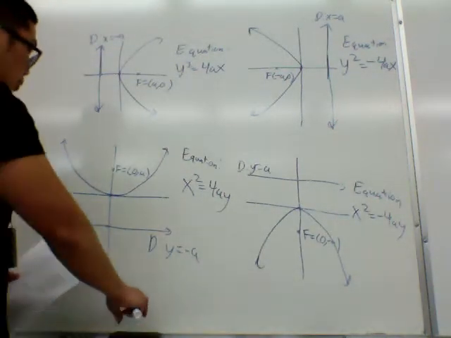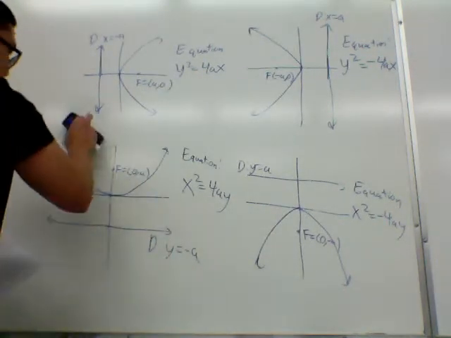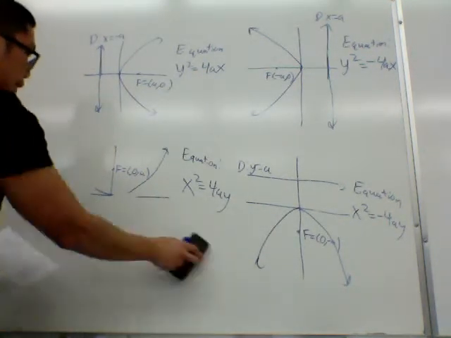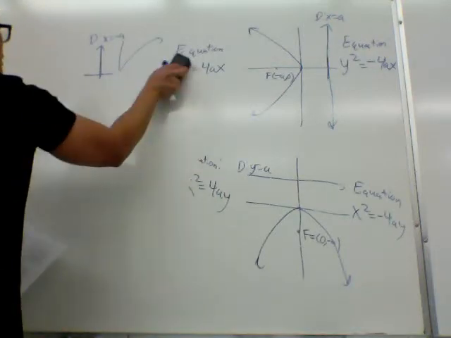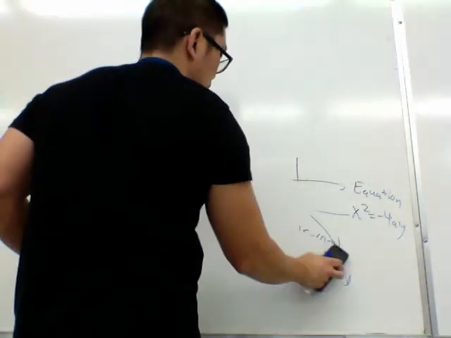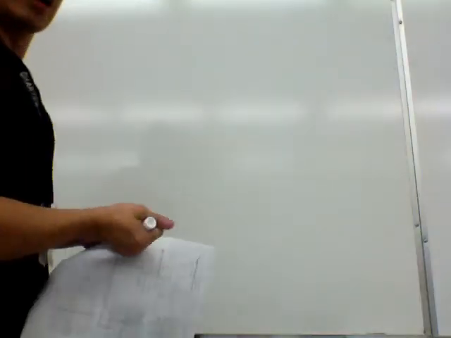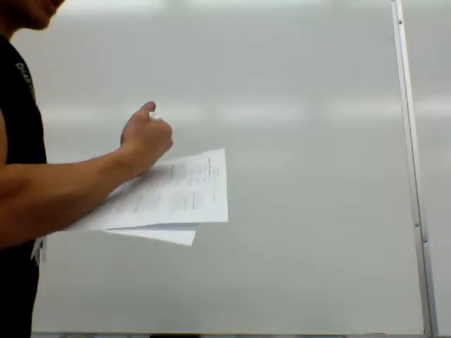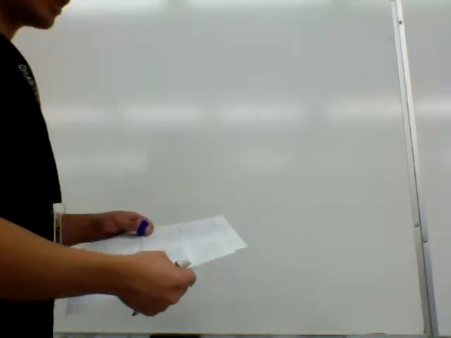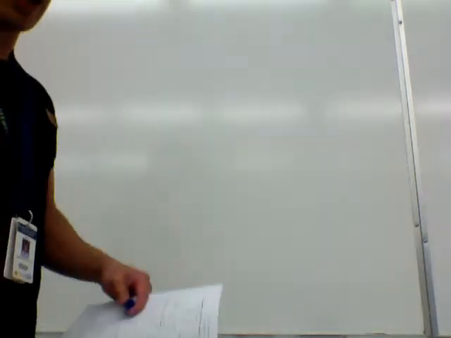So I'm going to do case 4 for example 4. Now, we're going to analyze the equation x squared is equal to negative 12y. Oh, and I should have mentioned earlier, whenever I say analyze the equation, it means find the vertex, find the focus, find the directrix, and graph.